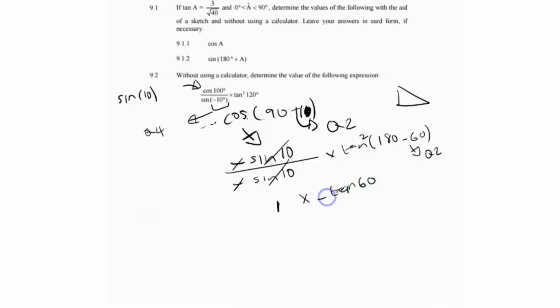Negative tan 60 squared. So we know that tan 60 is root 3, negative, all squared. And did you know that 1 multiplied by this will just be negative tan 60 squared?